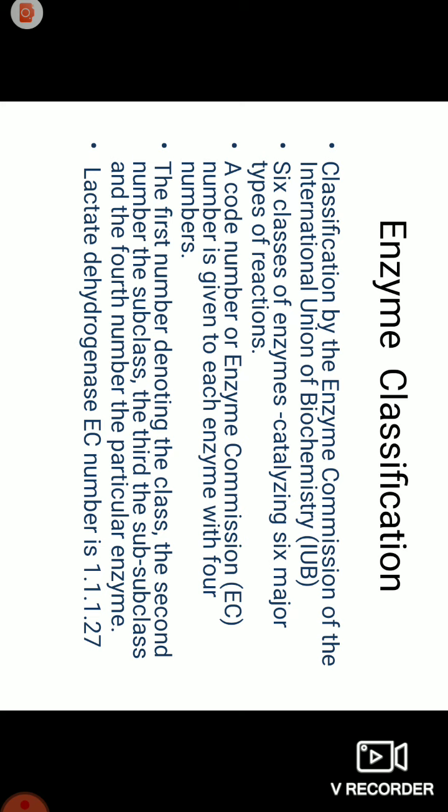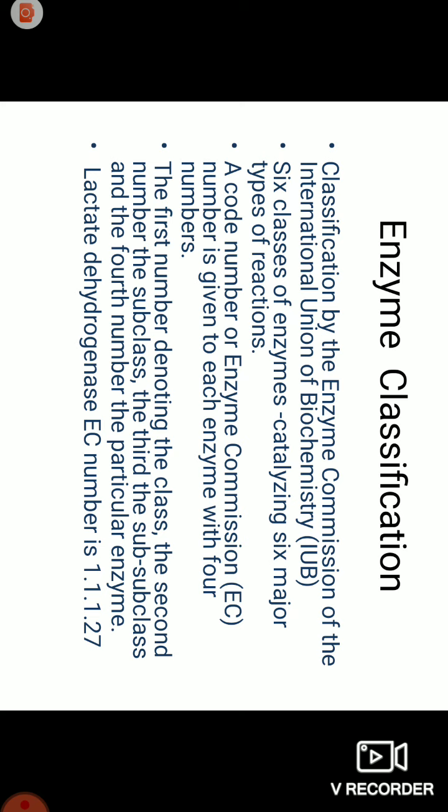So take an example. Let us take a very familiar enzyme, which is lactate dehydrogenase, which comes in very important pathways. So the enzyme commission number given to lactate dehydrogenase is 1.1.1.27. So it is composed of 4 numbers.